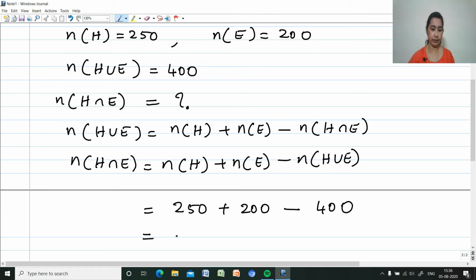Simplifying, we get 50. So n of H intersection E is equal to 50.